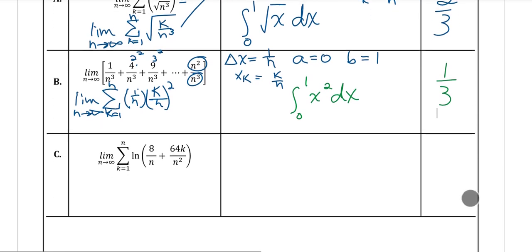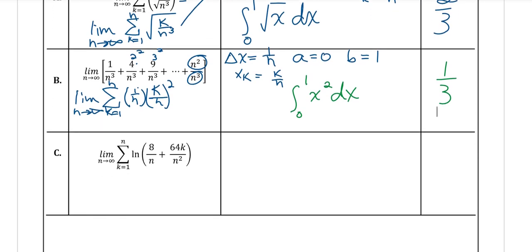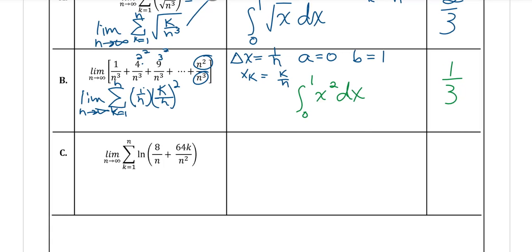And then finally the last one. This one's a little tricky. We want to rewrite this. If you see that this term here has a common factor of 8 over n that you can factor out, so you get 1 plus 64k over n.